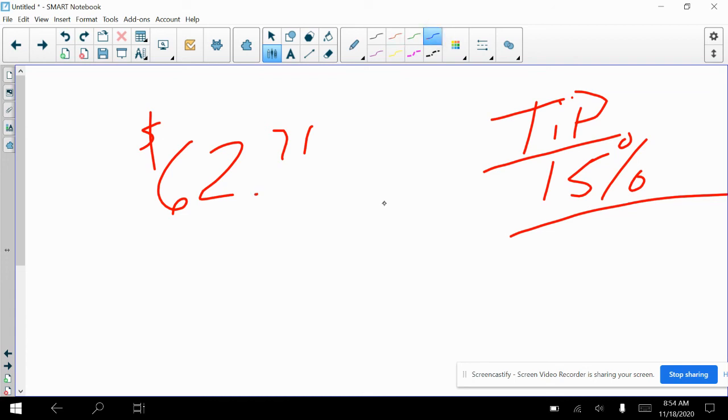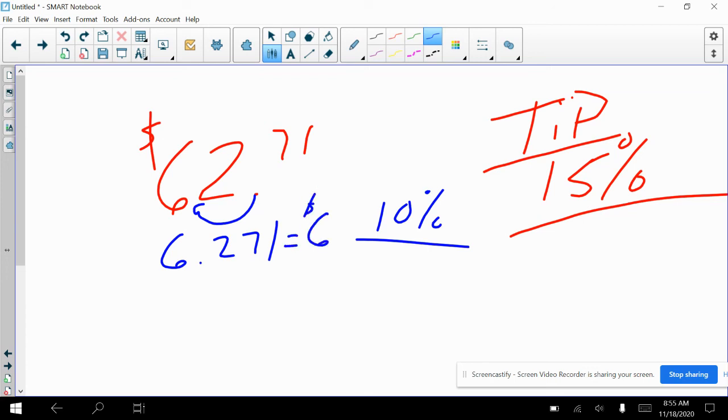Again, what's 10%? We move it over, right? So that comes out to be 6.271. Generally $6. I would agree with you, right? We estimate. Now that's 10%. We've got to find 5%.